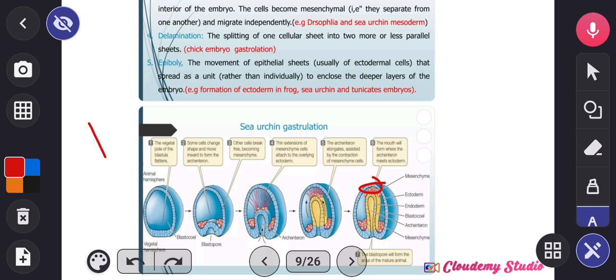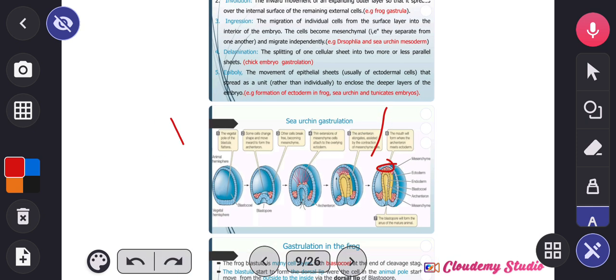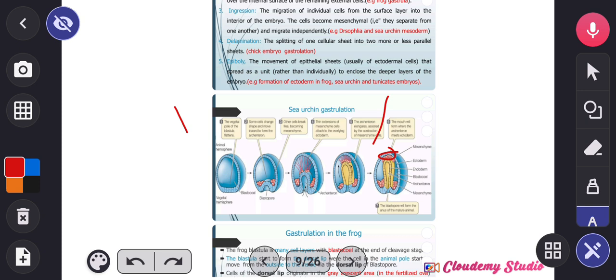So this is the introduction to gastrulation. It has been amply evident that in all chordates, the position of an organ-forming area in the blastular stage differs greatly from the position of the respective organ in the adults.